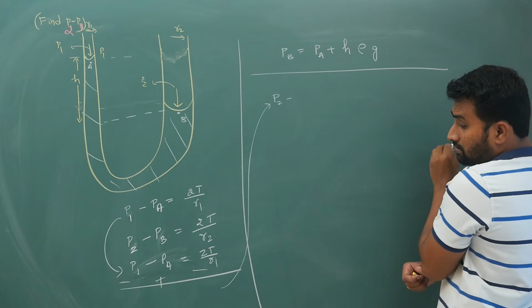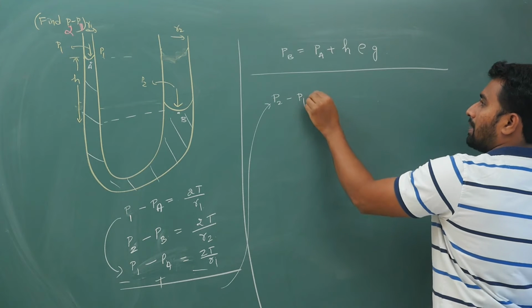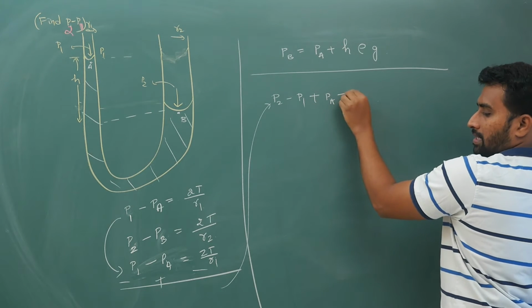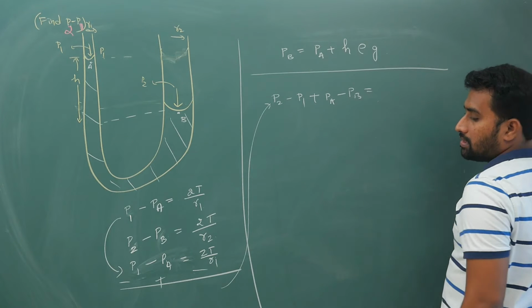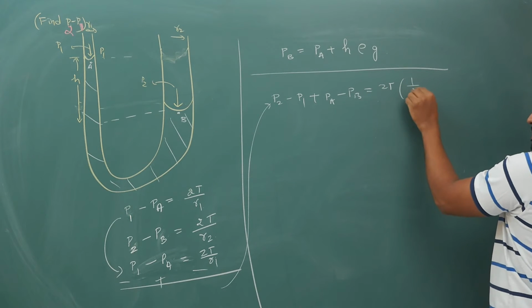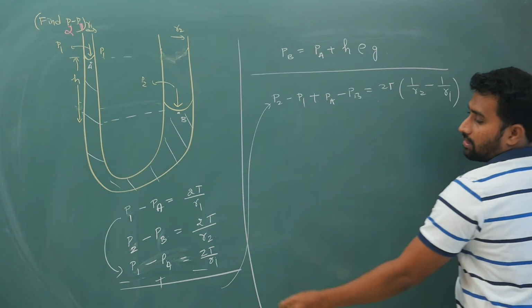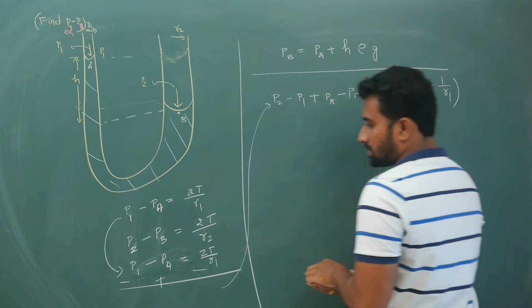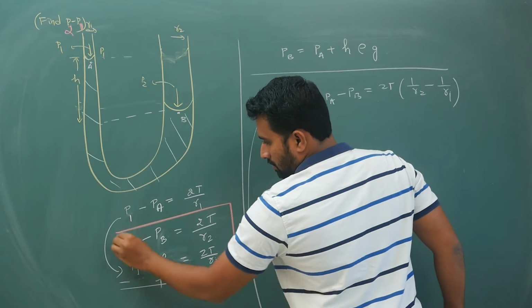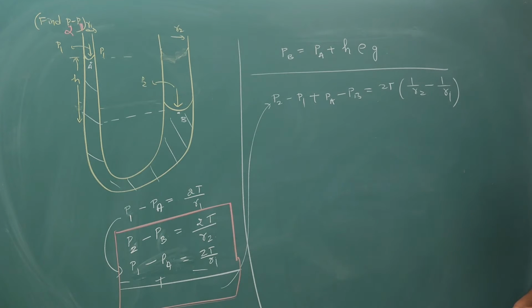P2 minus P1 plus PA minus PB is equal to 2T times 1 by R2 minus 1 by R1. Here I am subtracting this pink color box from this pink color box. The result I am writing here. So P2 minus P1 plus PA minus PB is equal to 2T times this one.